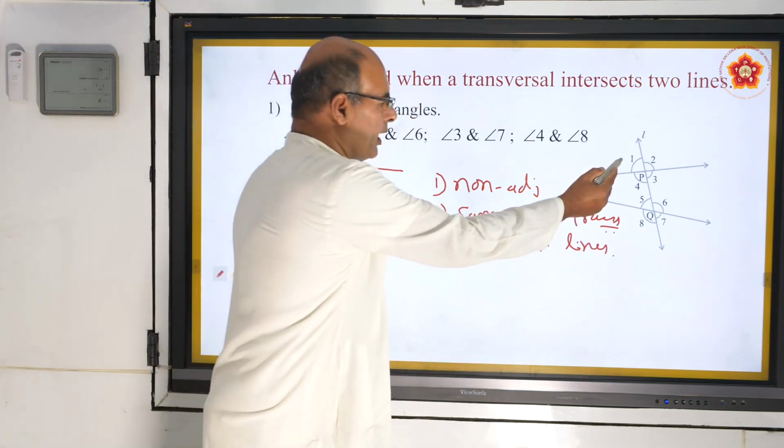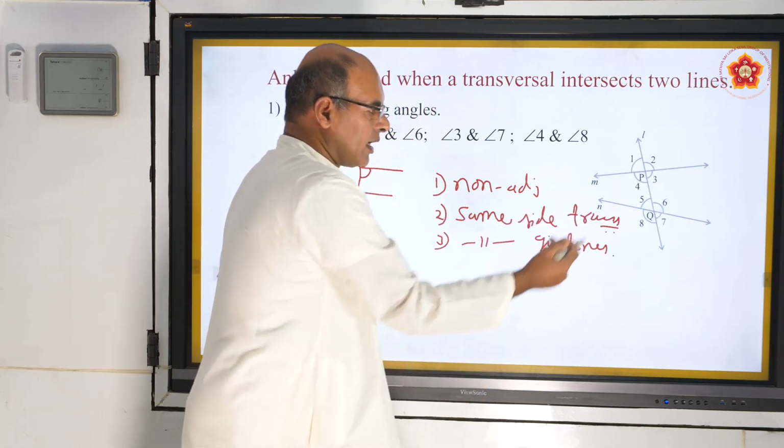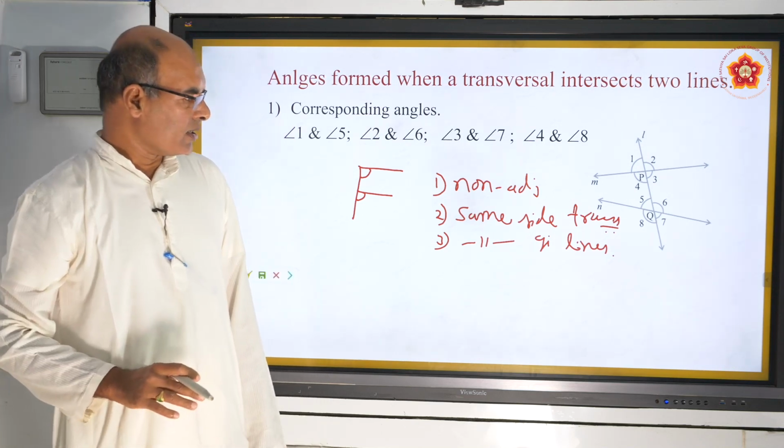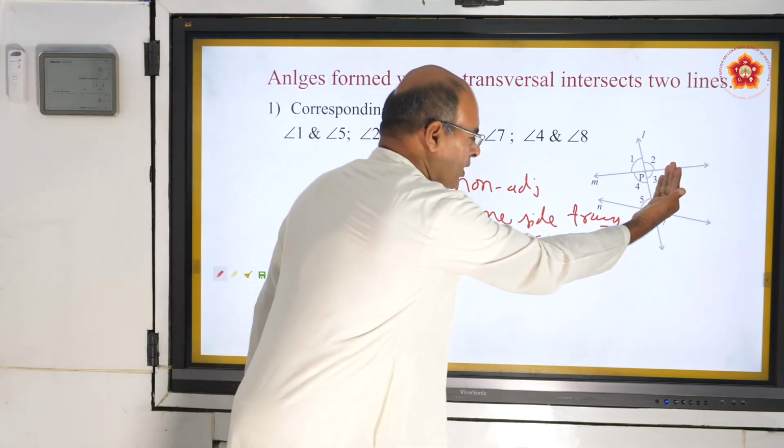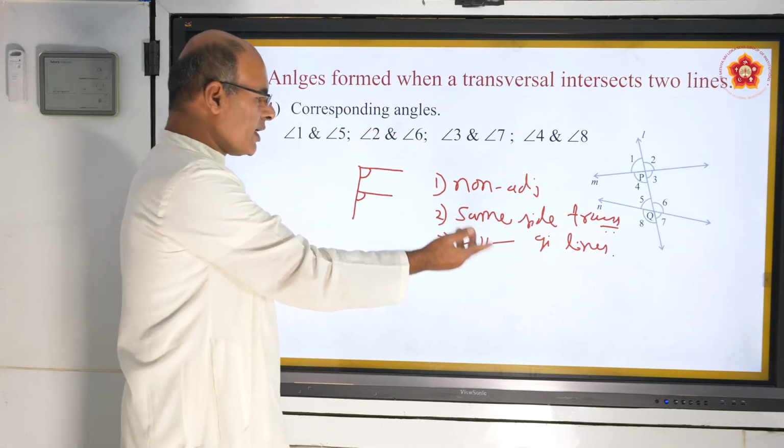So here, look at here, angle 1 and angle 5, they are non-adjacent angles. They are on the same side of the transversal. They are left to the transversal. And they are on the same side of the given lines.